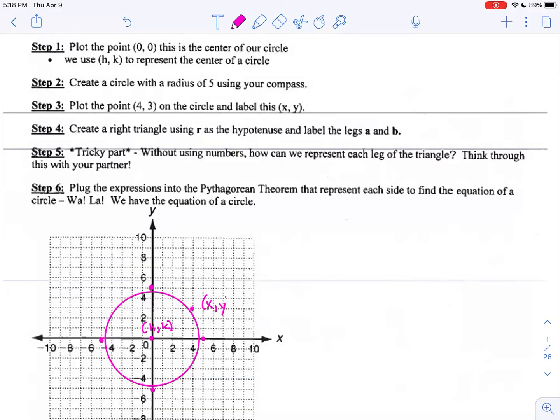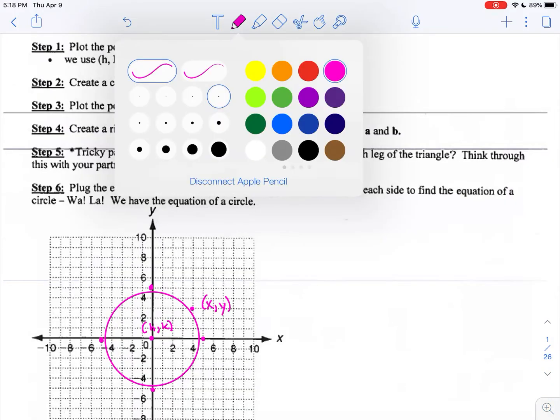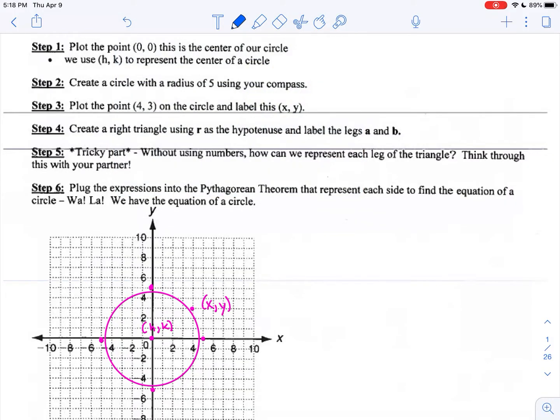We're going to label that point x, y as they asked us to do. And then they said in step 4 to draw a right triangle that goes through the center and also intersects at 4, 3.